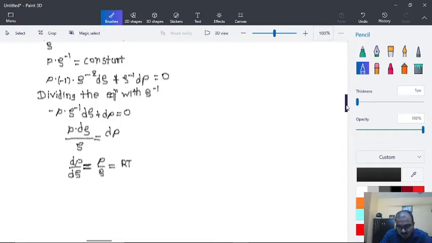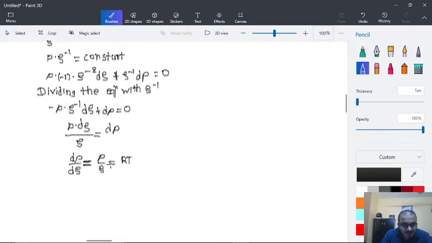So as we have derived previously that the value of C is equal to square root of dp by d rho, which is equal to square root of p upon rho is equal to square root of RT.